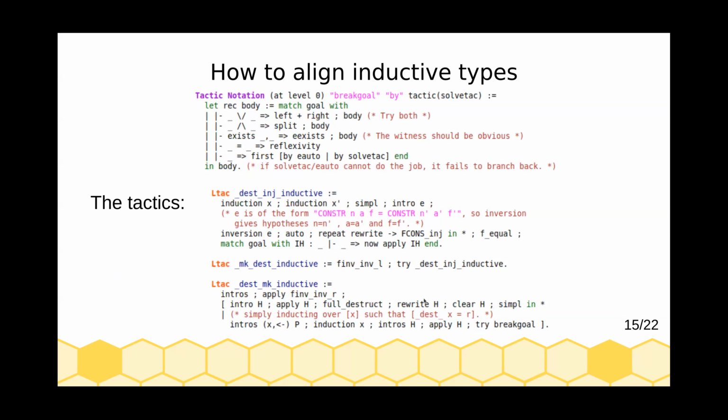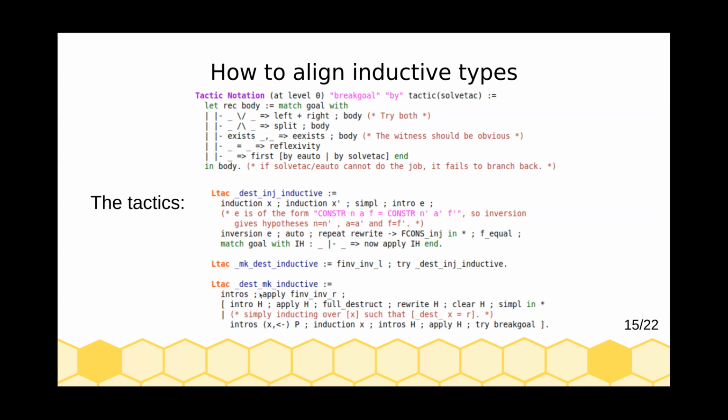That's basically a tactic that I also used in my inductive proposition alignment tactic. I use a tactic called break goal that I defined, which basically does the same as IOTO. It works quite well. Before using IOTO, it goes deep into the goal so as to save a lot of time, because we know that we want to go deep anyway. And so that can be done with that.